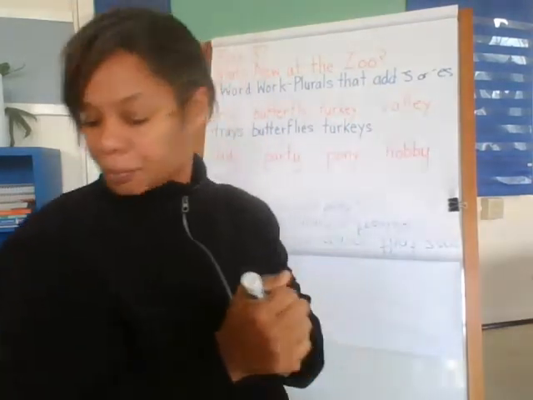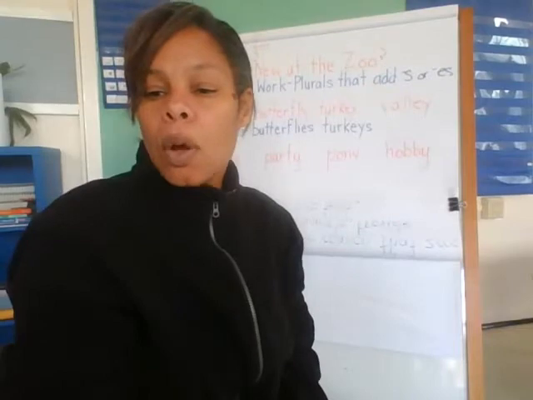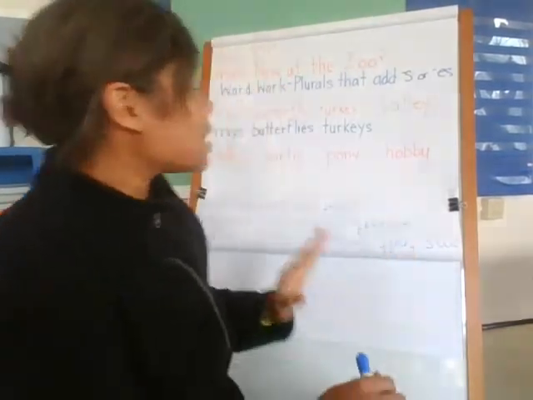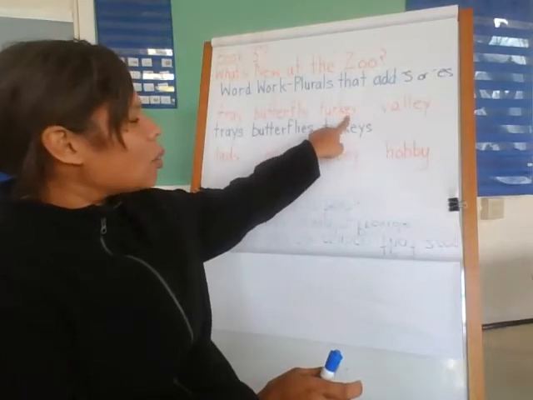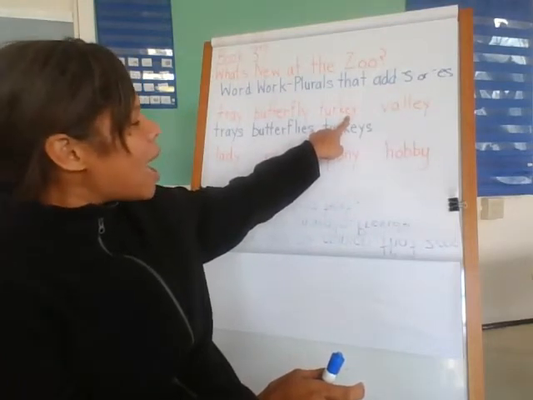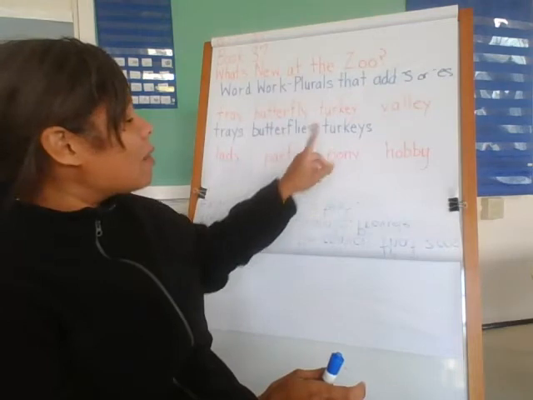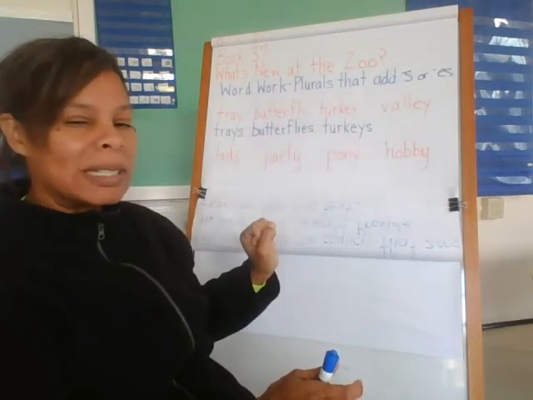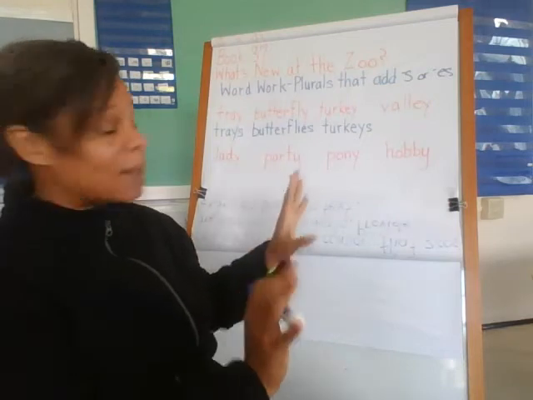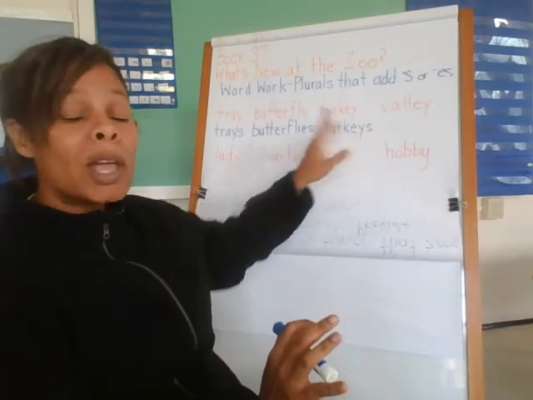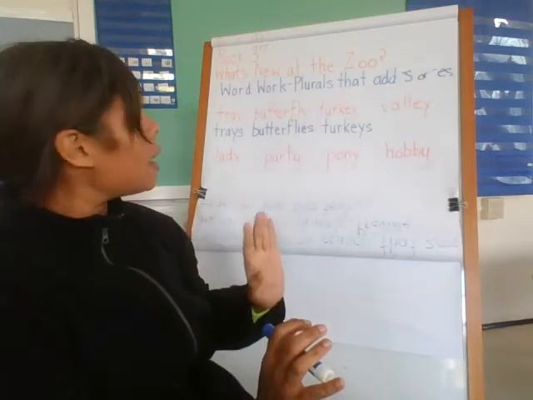Turkeys. Okay, so what I noticed was that before the Y, we have a vowel. We have this vowel E. And I noticed a pattern that whenever the Y had a vowel before it, you didn't have to drop the Y to add IES. So it seems like if there is a vowel before the Y, you don't have to drop the Y and add IES.